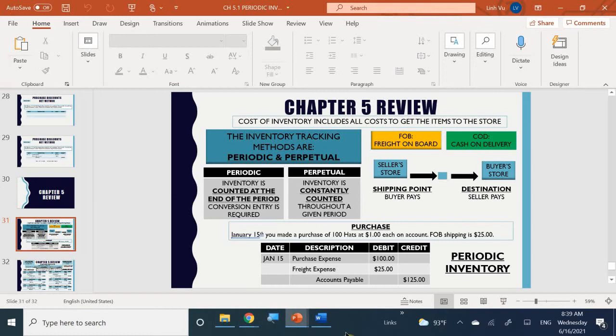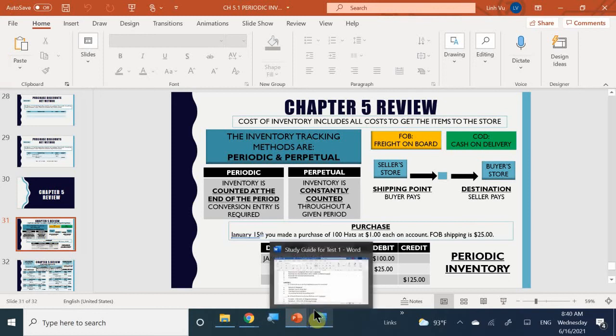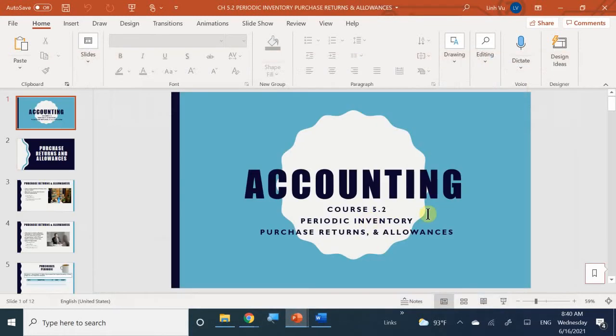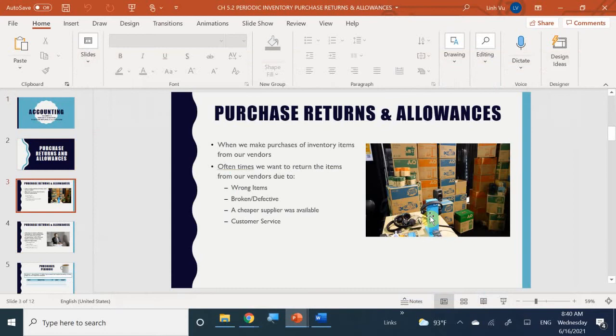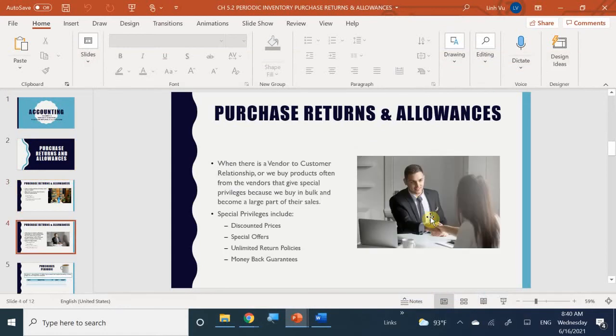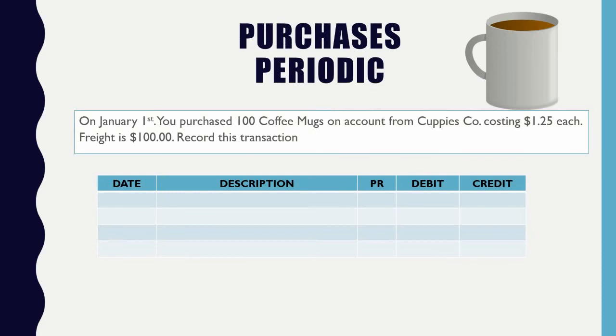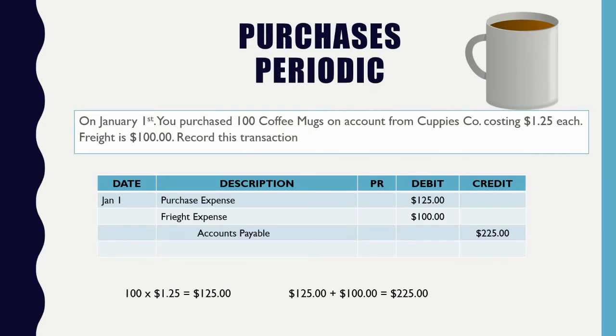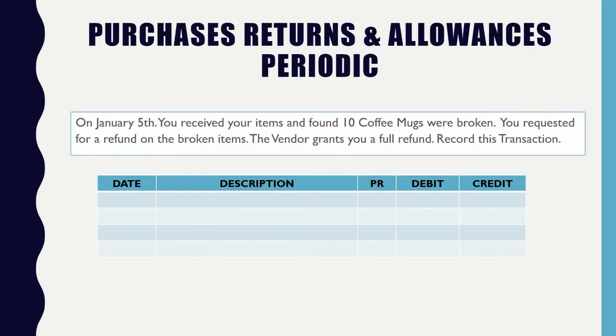And we also talked about what happens when you do purchase returns and allowances, right? In this case, we have to create a contra account for the purchase returns and allowances. Okay, straightforward. When you first make the purchases here, you also need to know how to journalize the return, okay? Understand the difference between a return and an allowance.